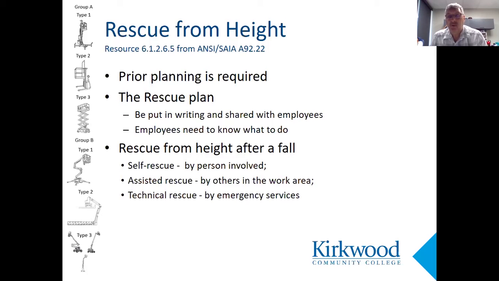But if you're out in the open, there's nothing to anchor to. That's a whole other issue. So if you already have fall protection rescue plan training, make sure this is incorporated into your MEWP training. If you don't have a fall protection plan, you probably need to start working on one.